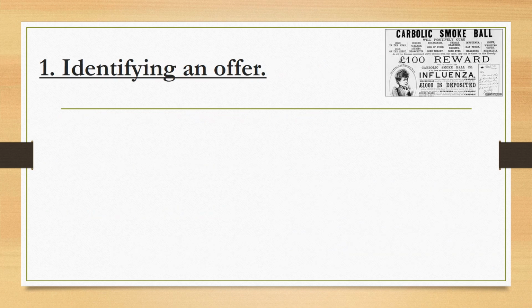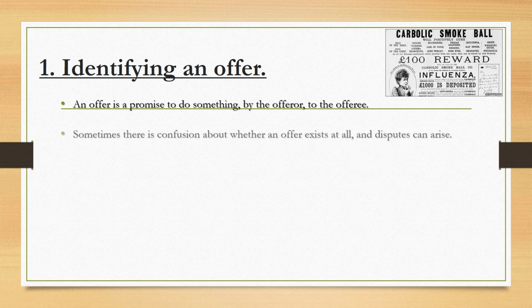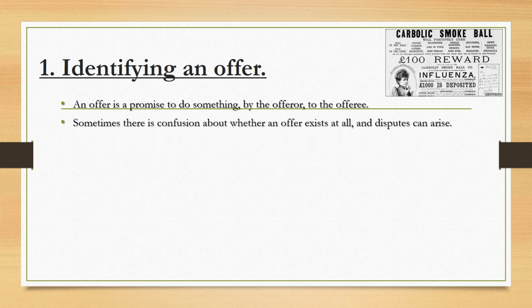Okay, so one of the key things, certainly in scenarios and a discussion point in essays, is how easy is it to identify whether an offer exists? So as I said before, an offer is a promise to do something. How easy is it to identify whether somebody is promised or whether they are simply responding to perhaps a request for information?